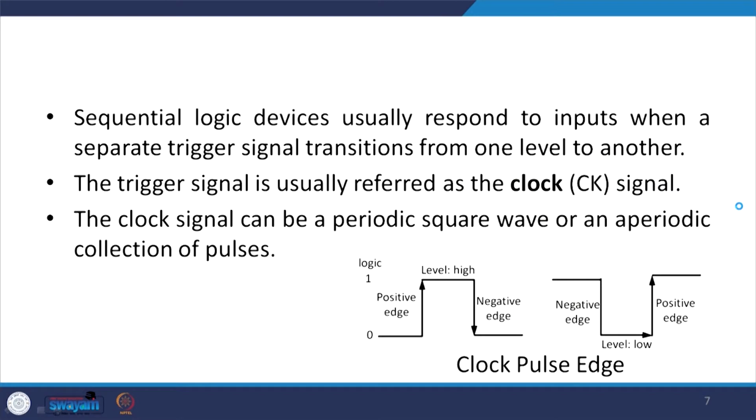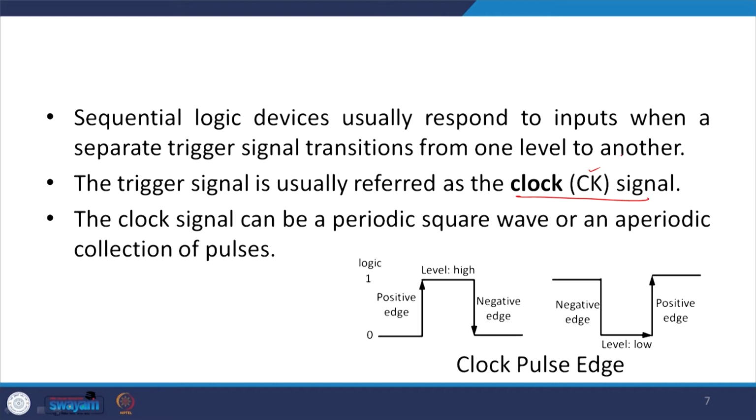Now, sequential logic devices usually respond to input when a separate trigger signal transitions from one level to another level, and this trigger signal we usually call a clock signal, represented in short as CK.